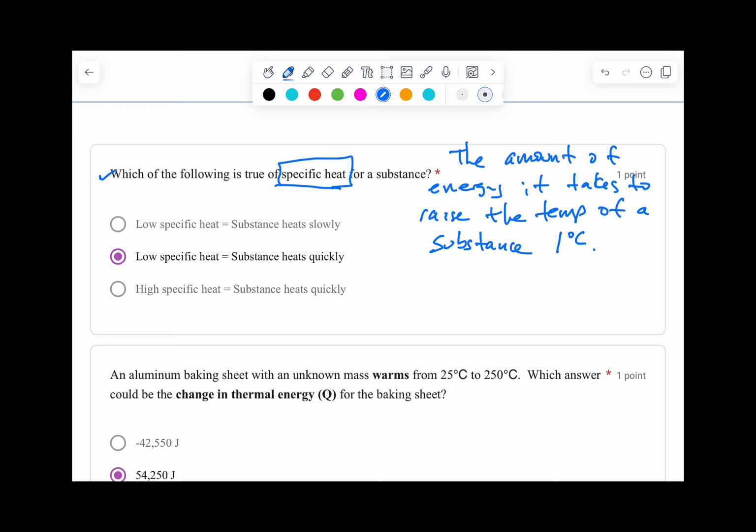So that's the actual textbook definition. One of the things you have to understand, if you really want to truly understand specific heat, it's this. How fast does something heat up?